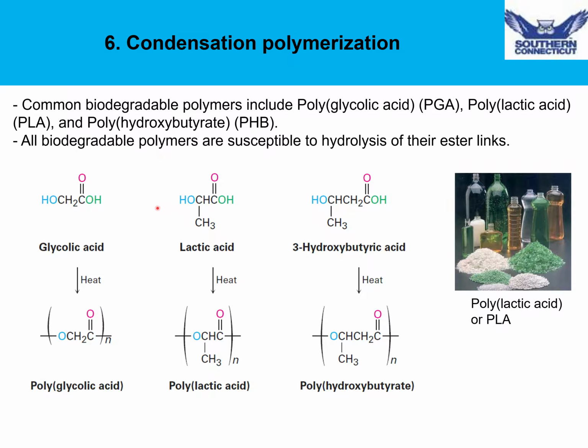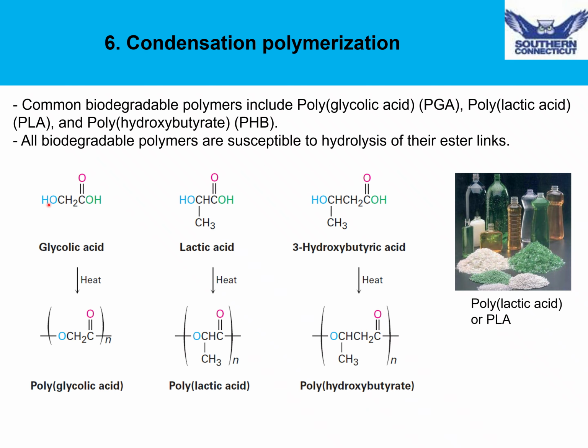Condensation polymerization reactions can also be used to make biodegradable polymers, and there are 3 examples shown on this slide. Biodegradable polymers typically contain an ester bond, which is susceptible to hydrolysis over time. The first one is made by taking a compound that has a carboxylic acid and an alcohol, and repeating these units multiple times.